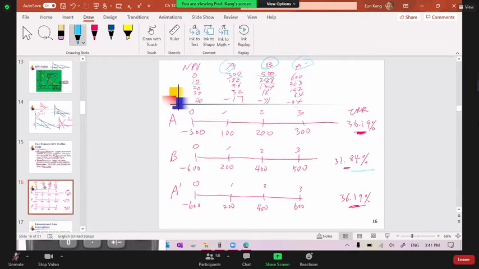Look at this, huge net present value over just A. And at 20%, same thing: 134 and 96. But look at this, at a higher discount rate, 30%, now A is bigger than B. So that's what this means.